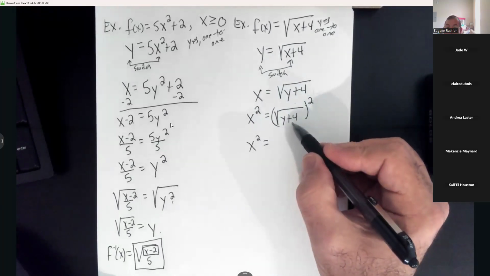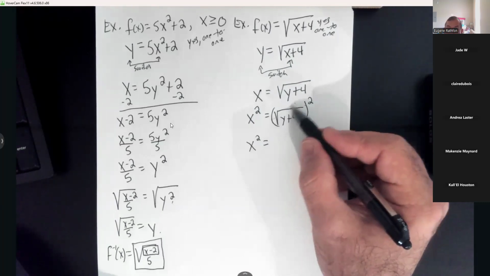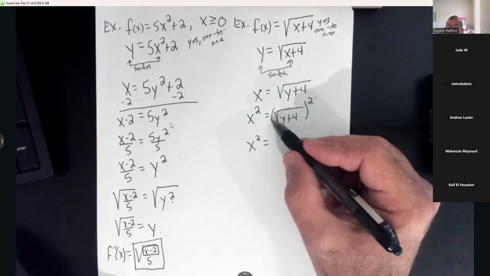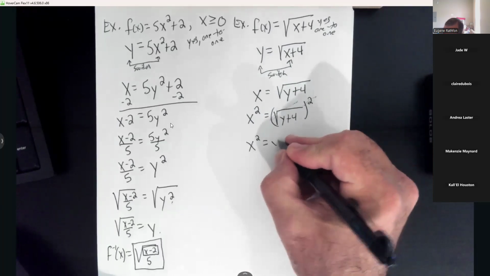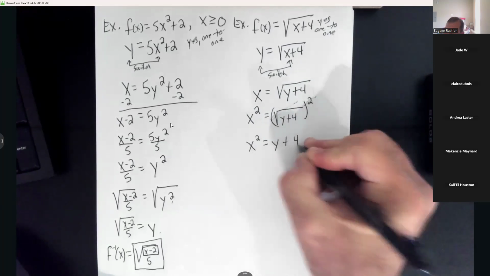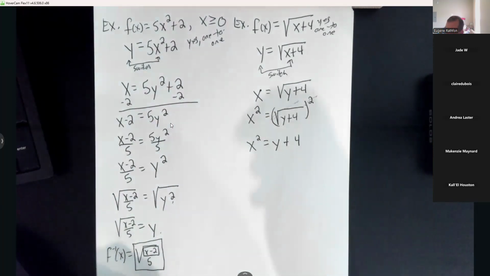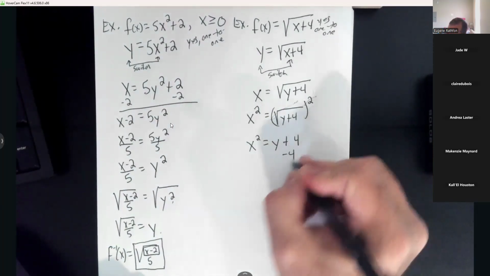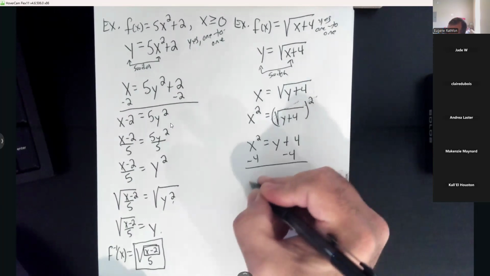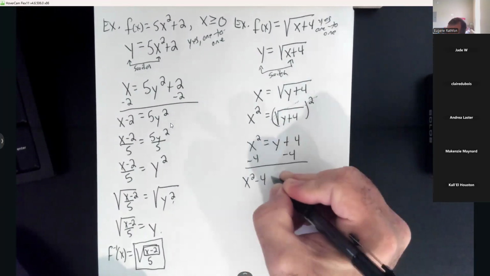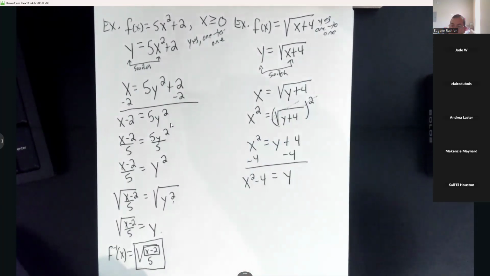But when you square a radical, this radical cancels with the exponent, leaving the y plus 4. Okay, so exponents undo radicals, radicals undo exponents. And the last step, subtract 4 on both sides. So I get x squared minus 4 equals y.